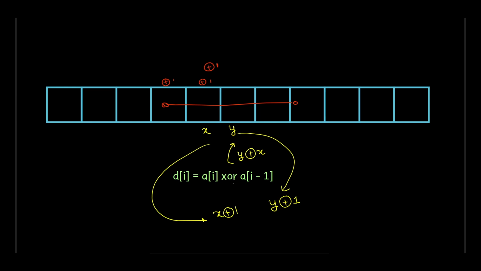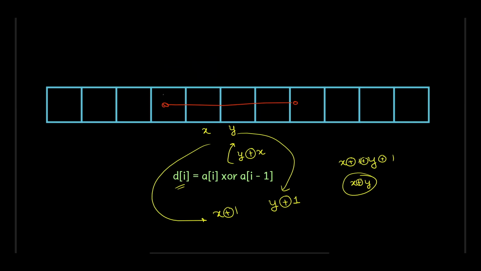The XOR between the two would become x XOR 1 XOR y XOR 1, and 1 XOR 1 is 0, so the result is x XOR y. This means that this difference array is indeed an invariant, and the only things that would change are the boundary elements.